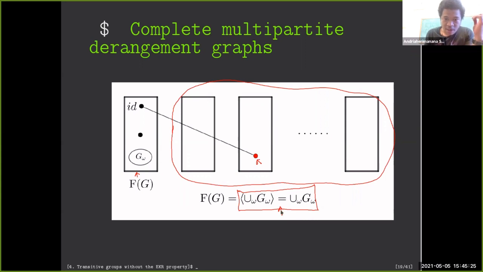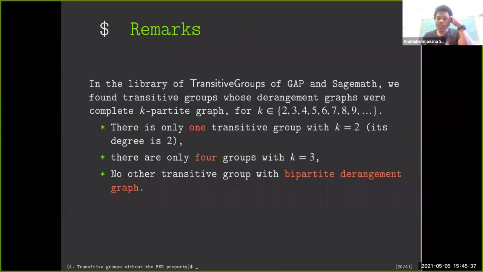So this is a weird property for these transitive groups whose derangement graph is a complete multipartite graph. This is exactly what we did with Karen and Pablo. We looked at the library of transitive groups in GAP, Sage, and I think Pablo was using Magma.